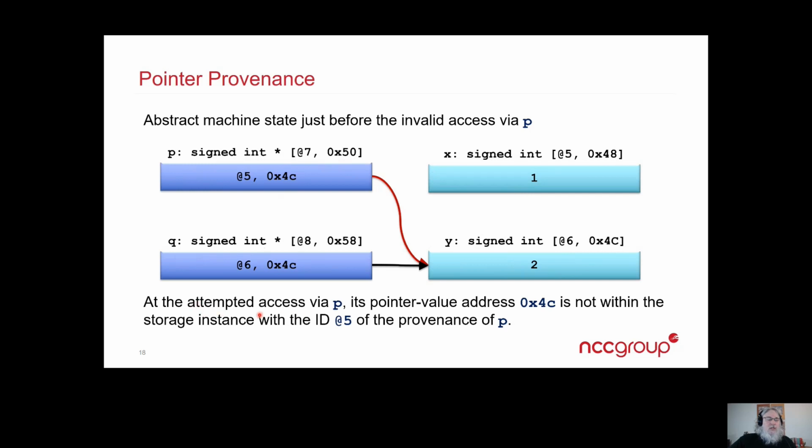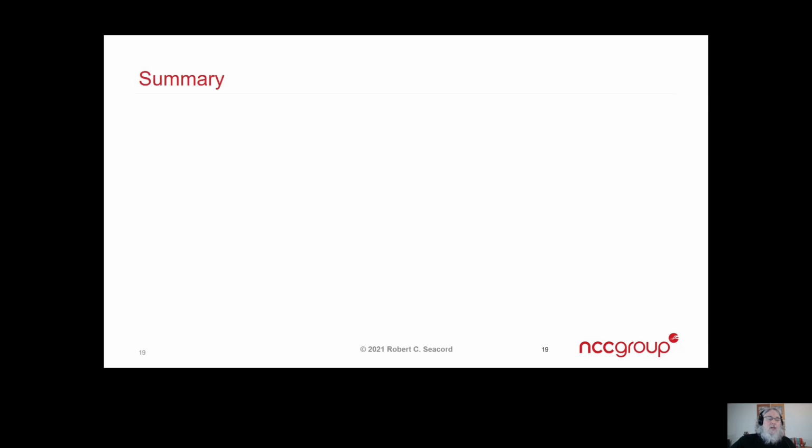So when you attempt to access this object Y through P, the compiler can see that this pointer value address is not within the storage instance of the ID 5, the signed integer object X that it's supposed to be referring to. Consequently, this indirect read or write is considered undefined behavior.